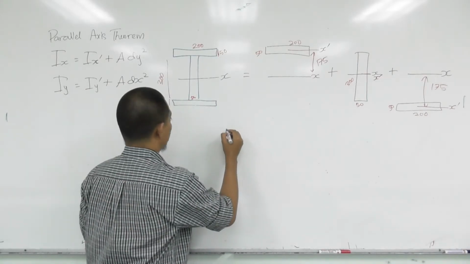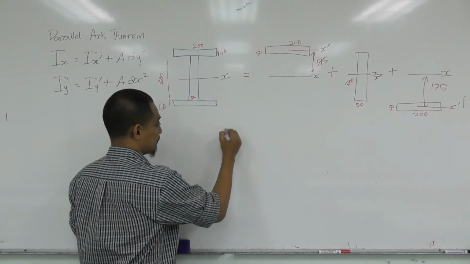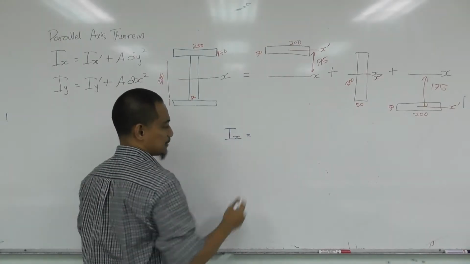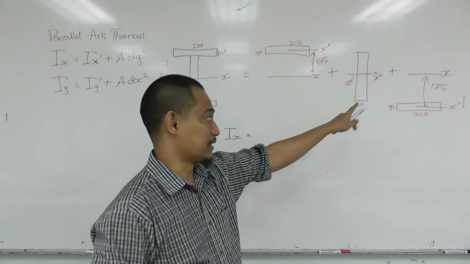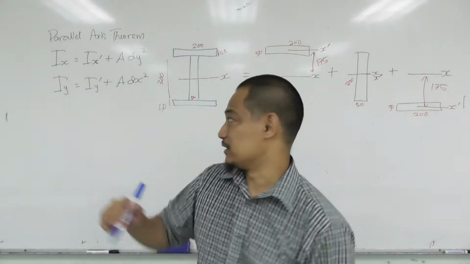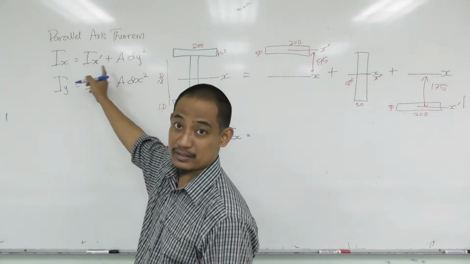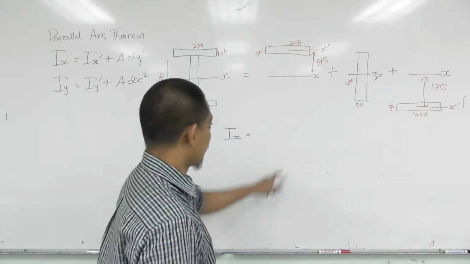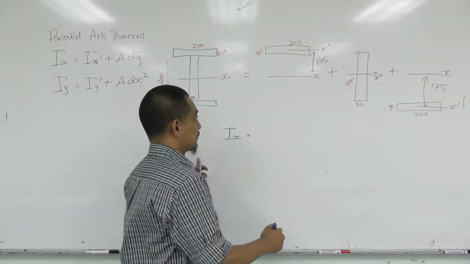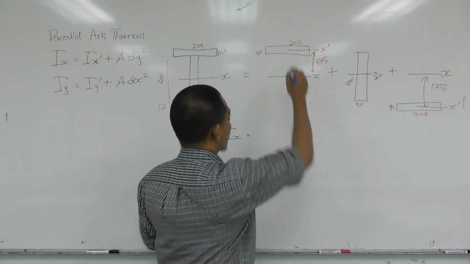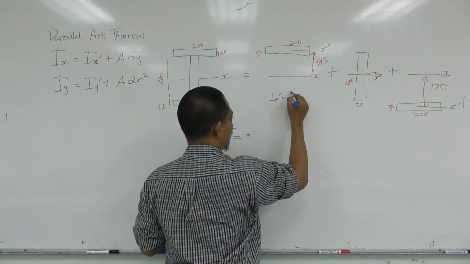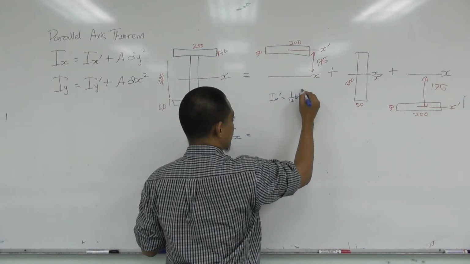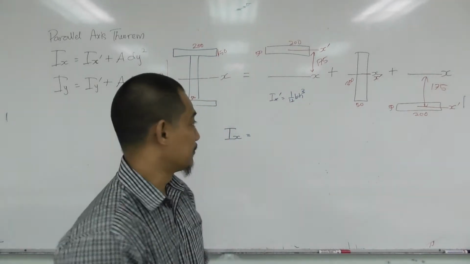So basically Ix is just the summation of Ix for this one plus Ix for that one plus Ix for that one, and each Ix is basically Ix prime plus A dy square. So for this one, Ix prime is 1 over 12. So for all of this, Ix prime is 1 over 12 bh cubed, right?